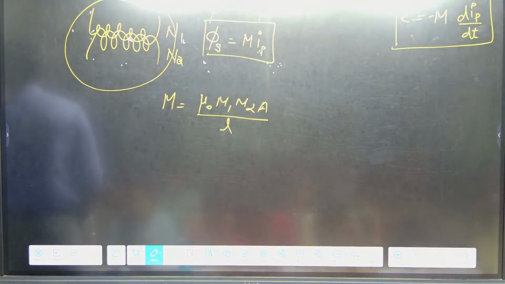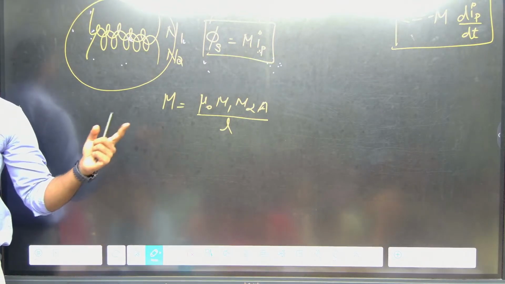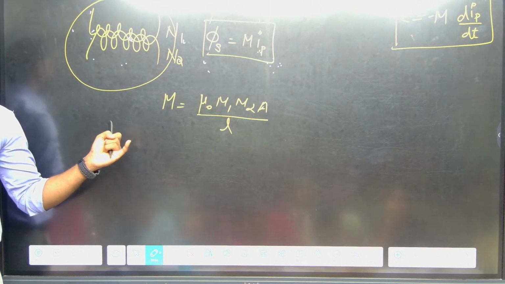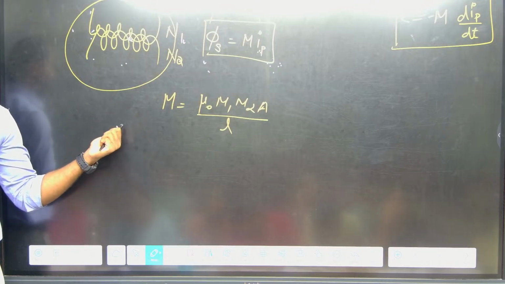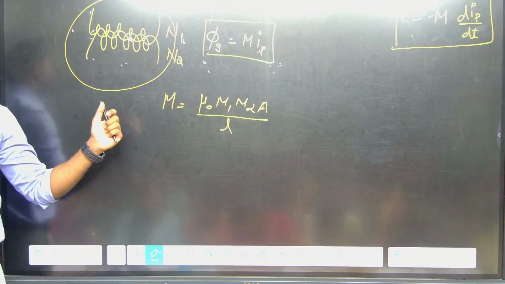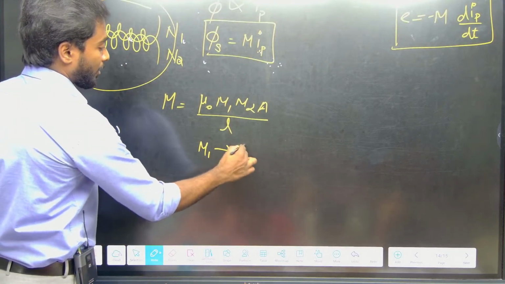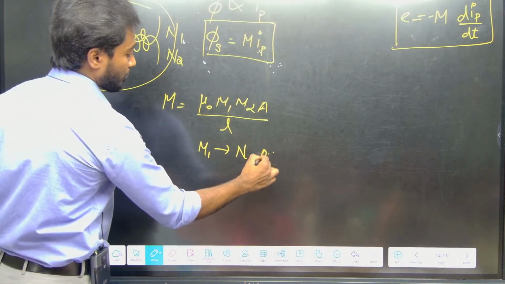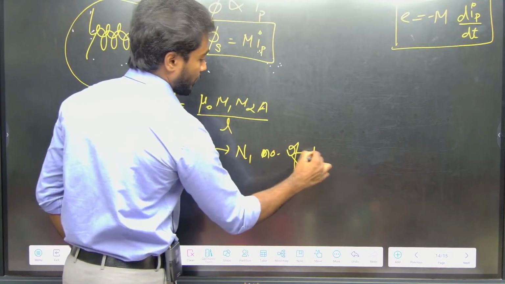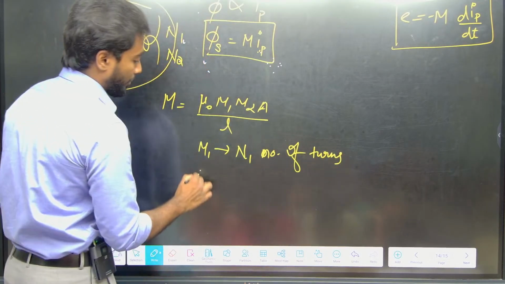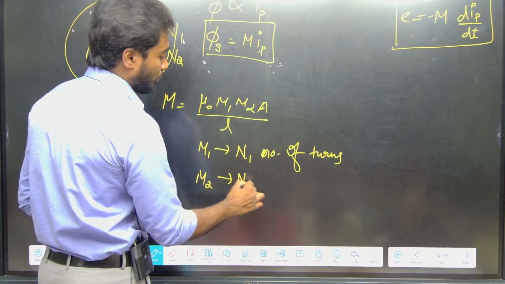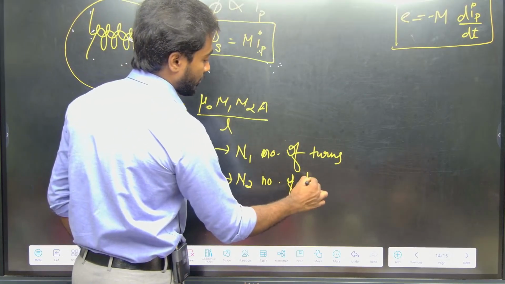So due to M1, how many turns if it is there, I can take that as the number of turns, and for M2 the number of turns I will take. In M1 I can take N1 number of turns, and from M2 I can take N2 number of turns.